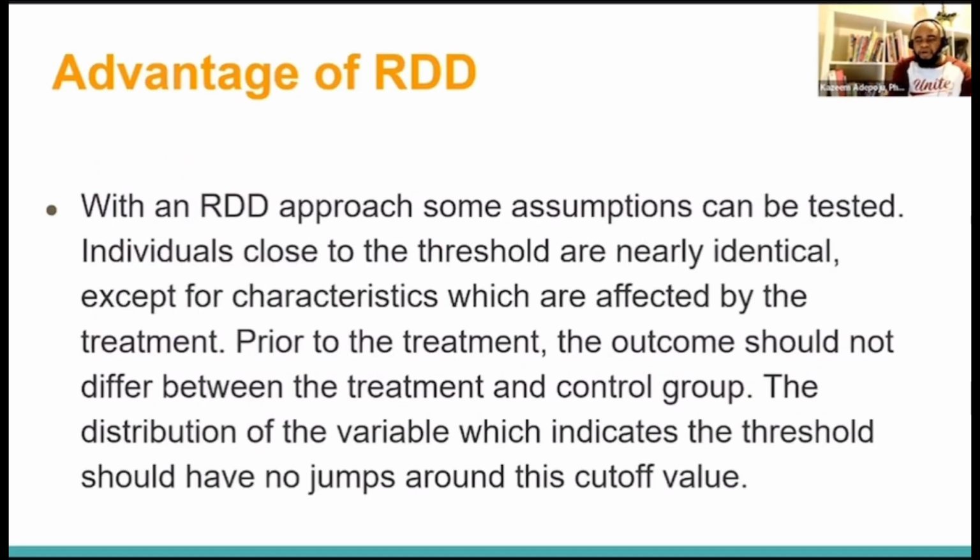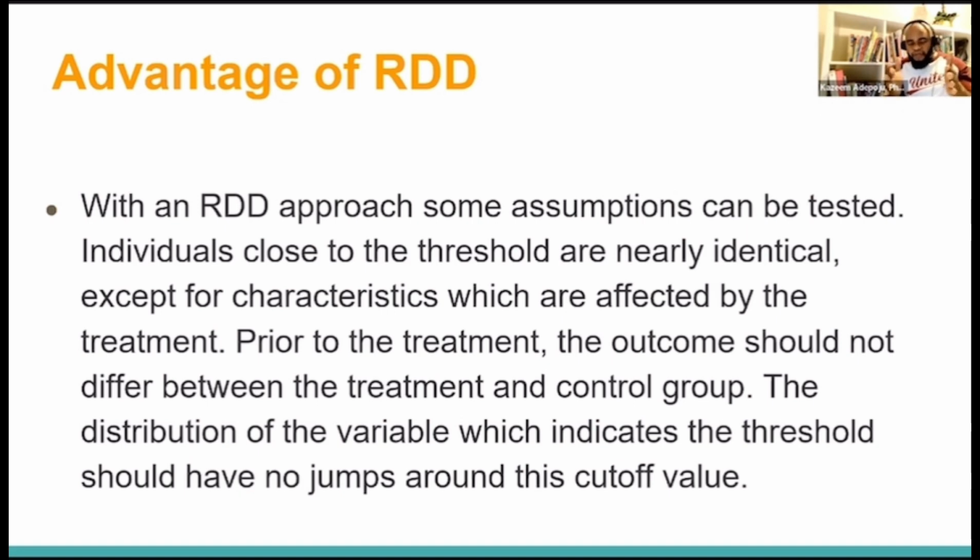Okay, so looking into the advantage of RDD, we have some assumptions that can actually be tested, because we said we're going to have a threshold that partitions participants into two groups. Of course, it may be of interest to test hypotheses about individuals close to the threshold.